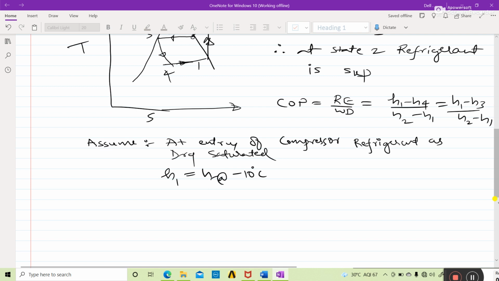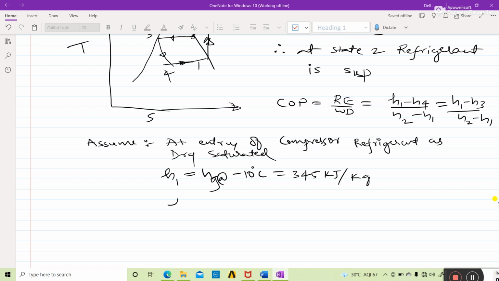Therefore H1 is Hg at minus 10 degrees Celsius, equal to 345 kilojoule per kg. Then H2 is what they have given, 370 kilojoule per kg.